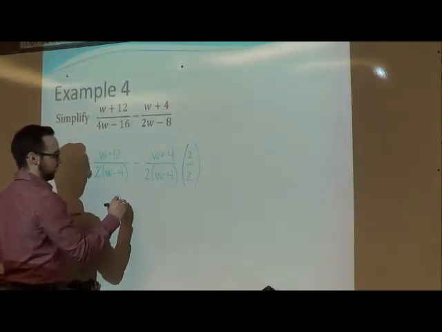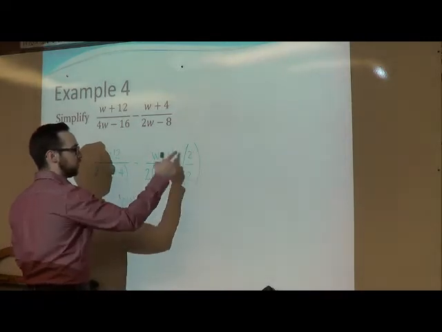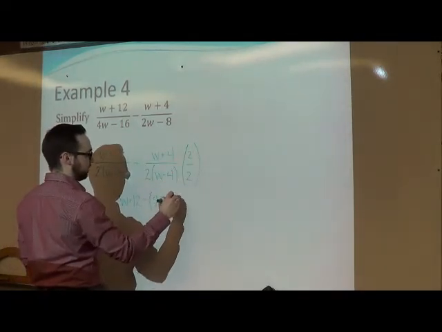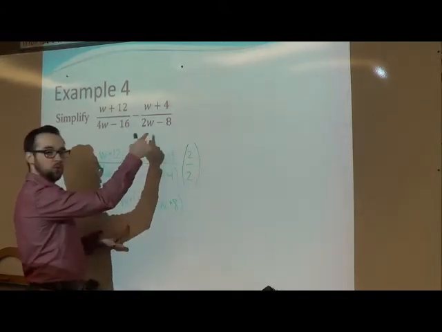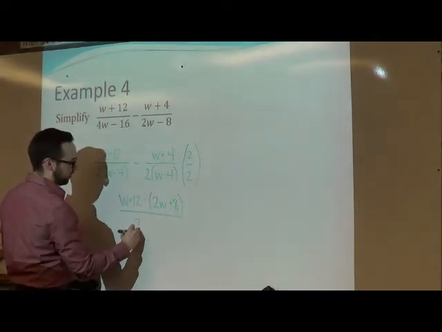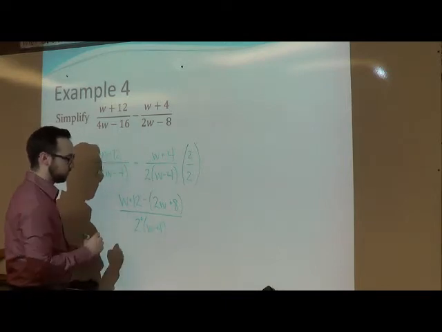So over at this side we have w plus 12 minus the quantity 2 times w, which is 2w, plus 8. And make sure you put this in parentheses so that negative goes to the whole thing. And then all of this will be divided by 2 squared times w minus 4.